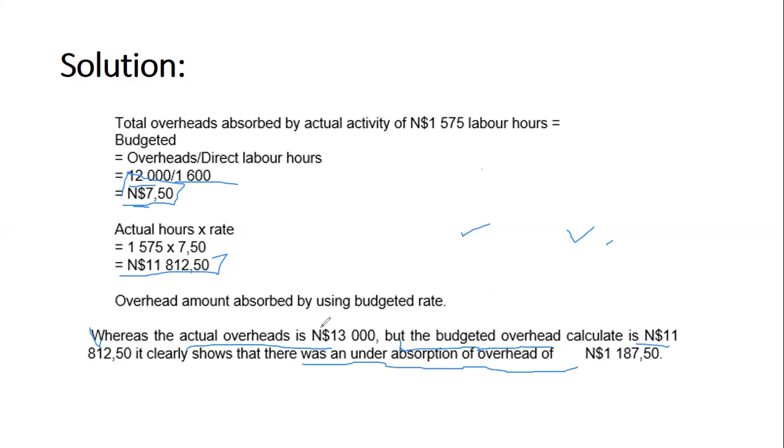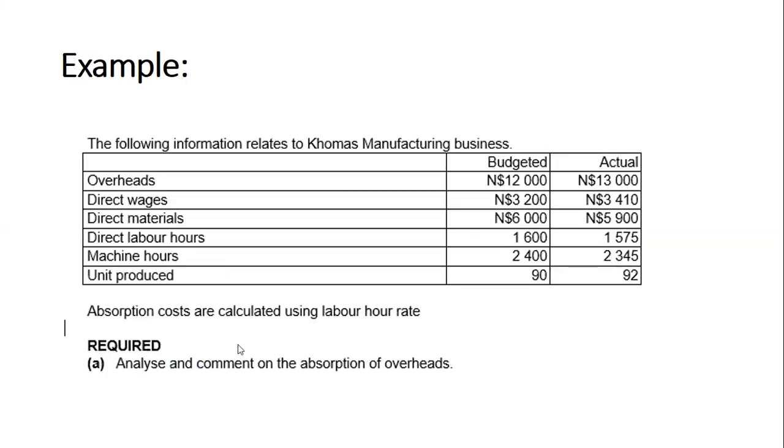Okay, so let's look at that again. If you look at this question, we're using direct labor rate in hours to calculate the absorption rate. So what we have to do is take the budgeted.